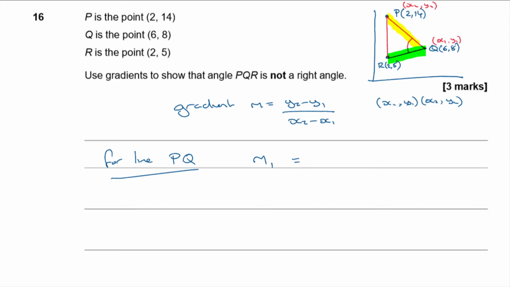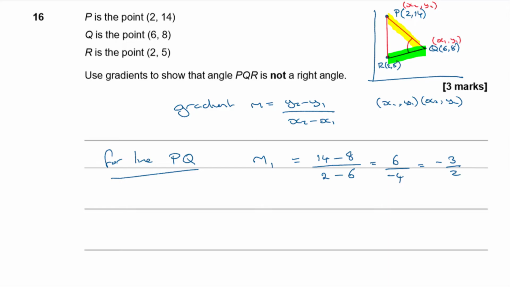Then I've got y2, which is 14, minus y1, which is 8, divided by x2, which is 2, minus x1, which is 6. So 14 minus 8 is 6, 2 minus 6 is negative 4. So that comes out to be, cancelling it down, negative 3 over 2. So that's my gradient for M1.